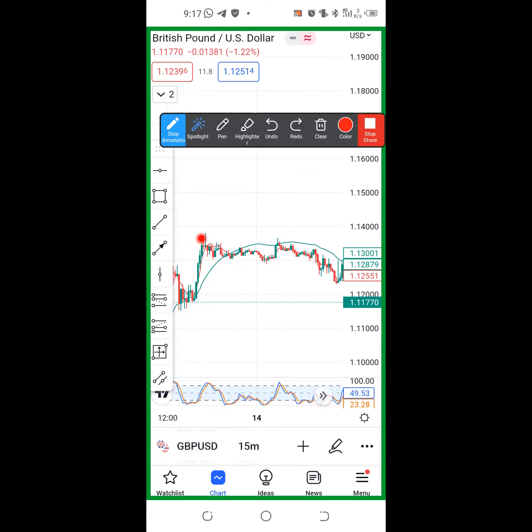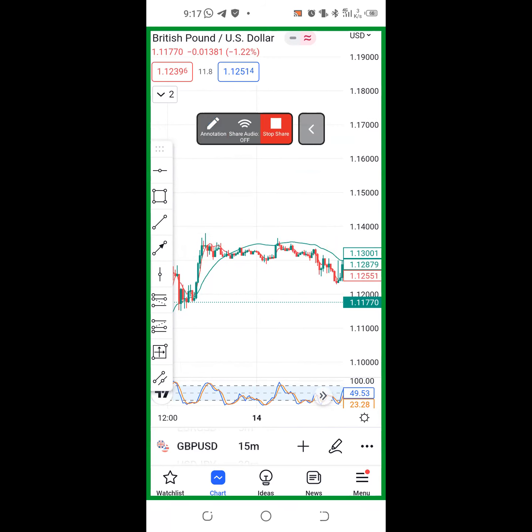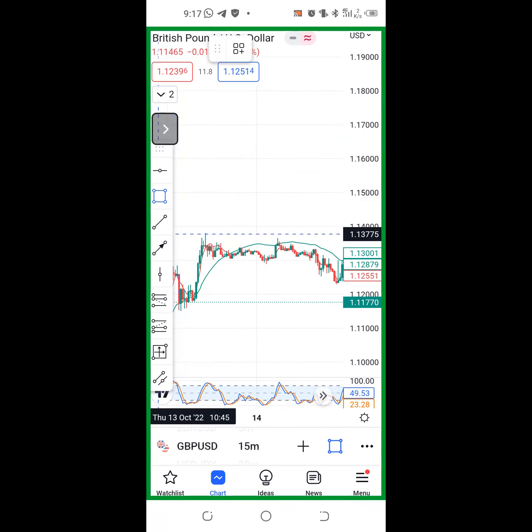Guys, can you see there was a rejection here? Rejection here. Rejection here. So there's something here that is stopping them, right? That thing that is stopping them was invisible before. You now make it visible, and that becomes your key level.